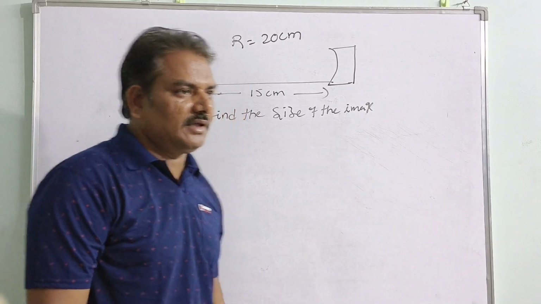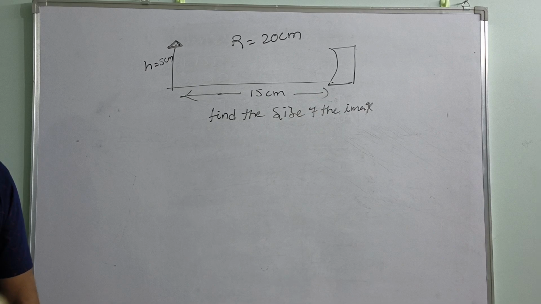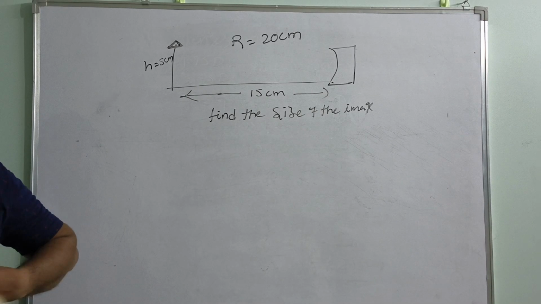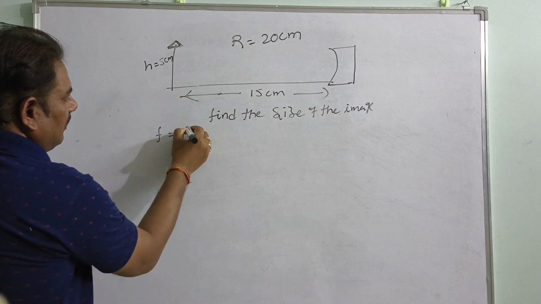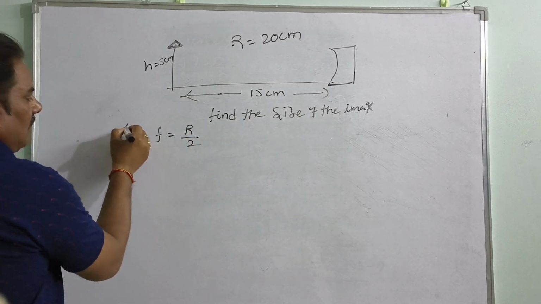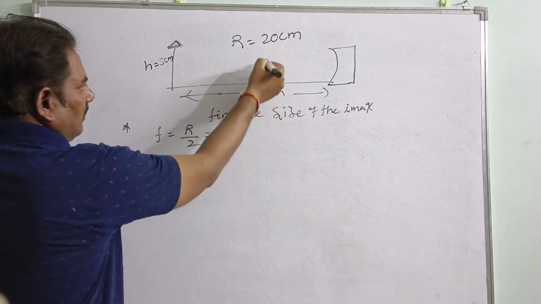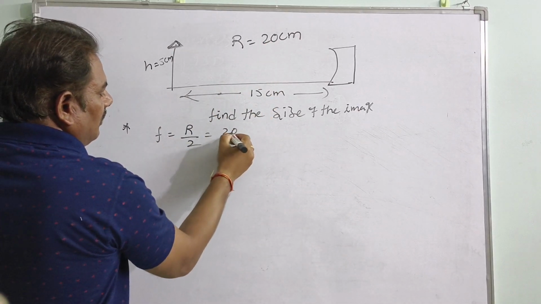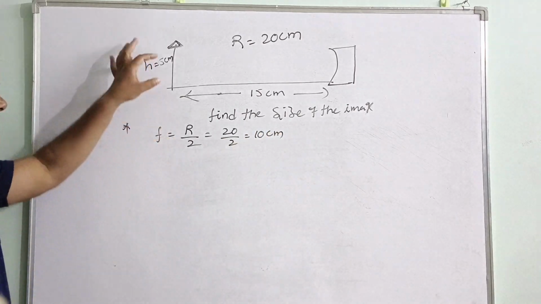Find the size of the image. So how do we get the size of the image? We know focal length f is equal to r by 2. We know the formula r equal to 2f, then f equal to r by 2. So from this, 20 by 2, that equals 10 centimeters is the focal length.